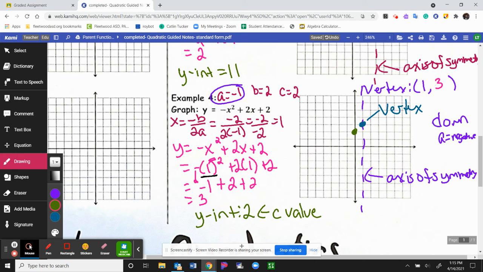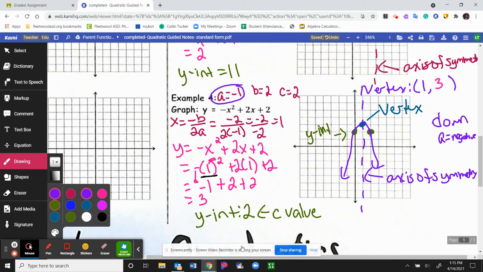All right, so we have our y-intercept here. That y-intercept is 1 space away from our axis of symmetry, so I can just reflect that going across. Then we can connect our dots here to get our curve.